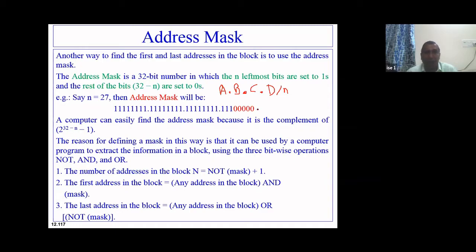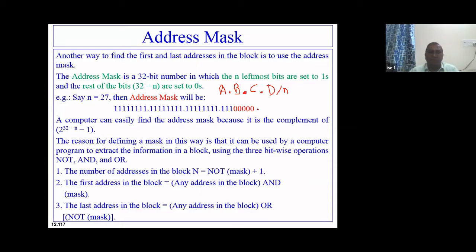Now based on the concept of mask and not mask, we define the number of addresses in the block, and then the first address in the block and the last address in the block. This is what we do.